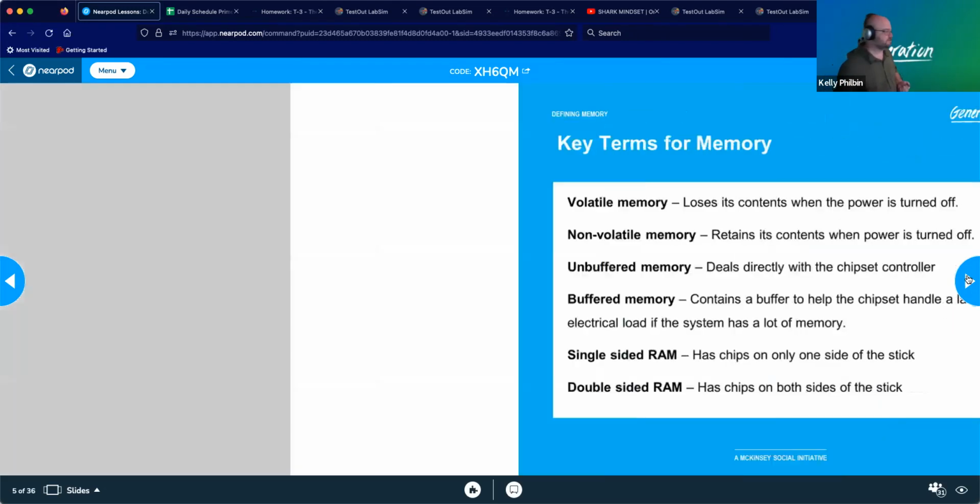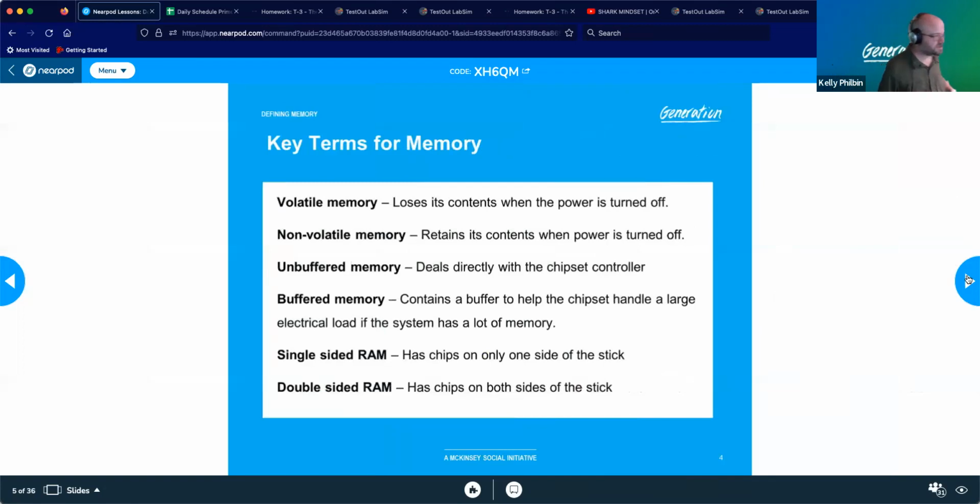So, in terms of memory, volatile comes up as well. One of the key terms that somebody used in here was unstable. When we use the term volatile in reference to memory, we're talking about unstable memory. This is memory that loses all of its contents when it loses power.